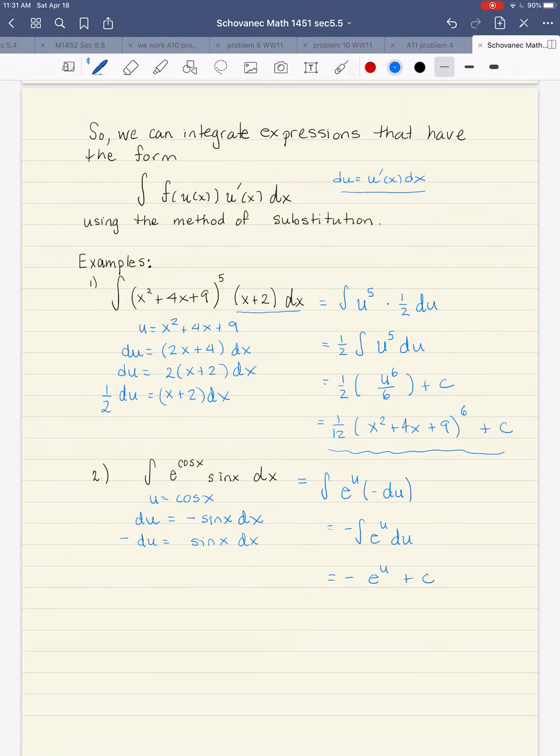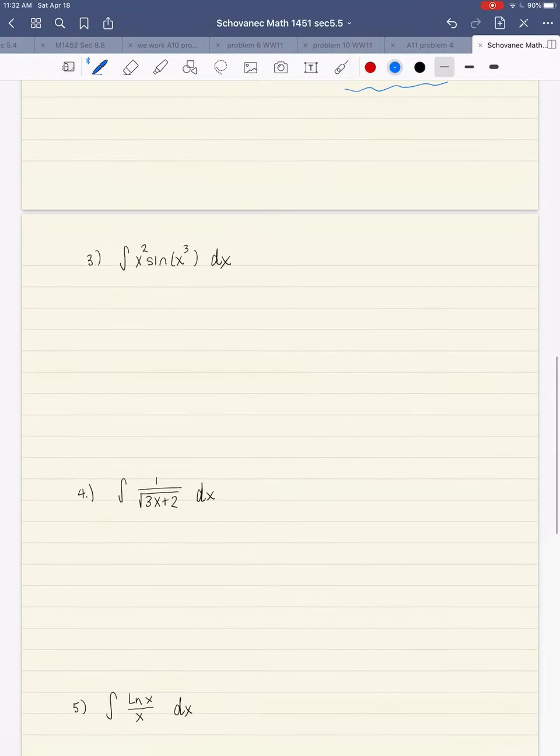Then when I integrate e to the u, I get e to the u, and u is cosine of x. And that's it. Again, take the derivative of that, and you'll get the original integrand back. The derivative of e to a power is itself. The derivative of cosine gives you minus the sine, and so that minus would multiply together to give you a positive sign.